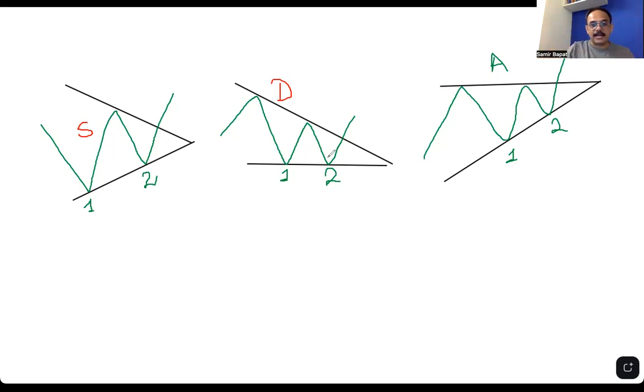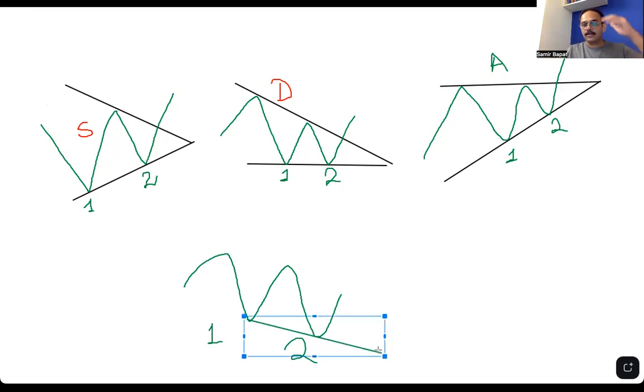If the second is lower, let's say if the bottom is forming like this, it is going up, and if the second bottom is lower, this is first, this is second, and if you join 1 and 2 here, this is not a triangle. Don't mistake this for a triangle.